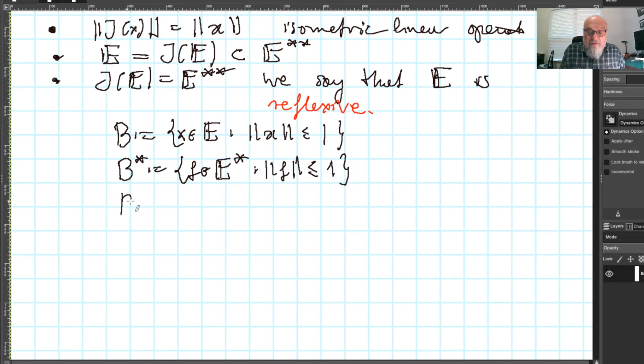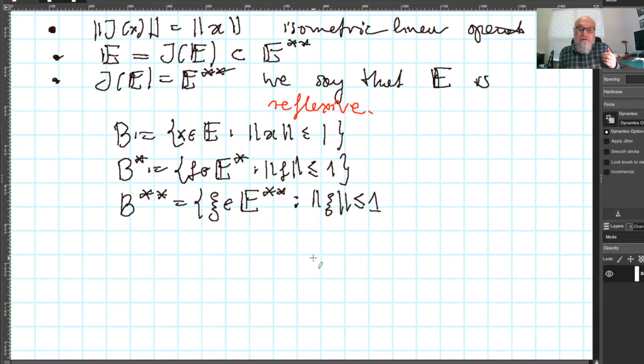And then we have also B double star, which is the set of psi belonging to E double star such that the norm of psi is smaller or equal to 1. As you notice, I will try to keep notation clean.